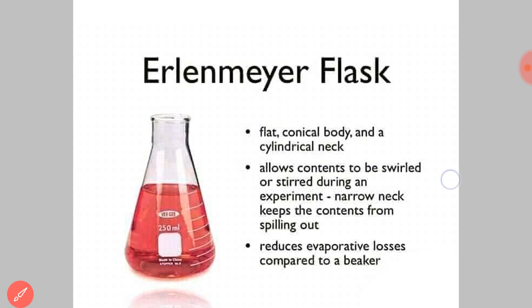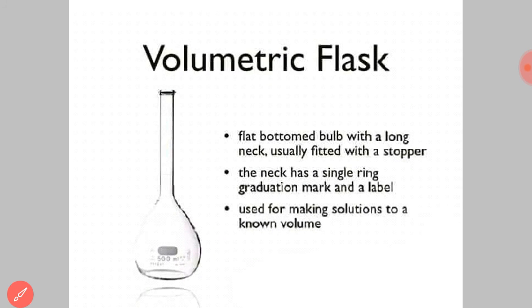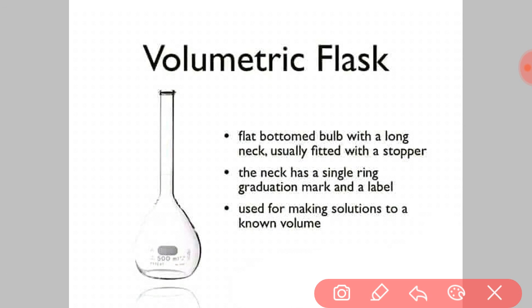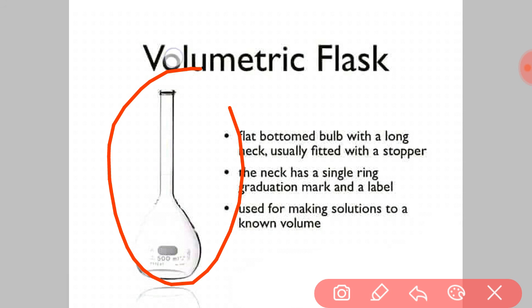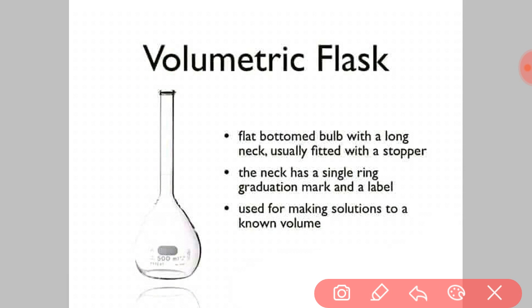Going to the next, the next apparatus is the volumetric flask. See this is the picture of a volumetric flask. It has a cylindrical pipe-like neck and a bowl-like body. It is also one type of flask, basically a flat-bottomed bowl with a long neck, usually with a stopper.